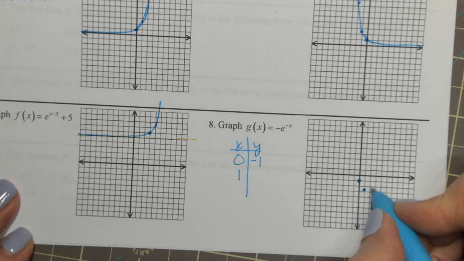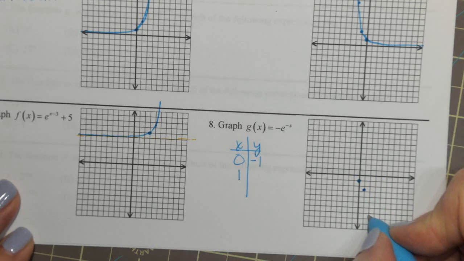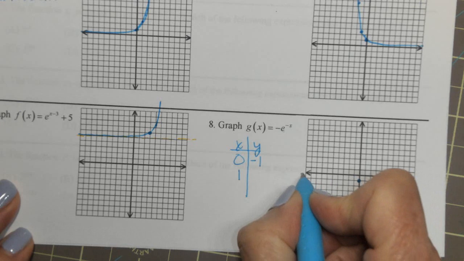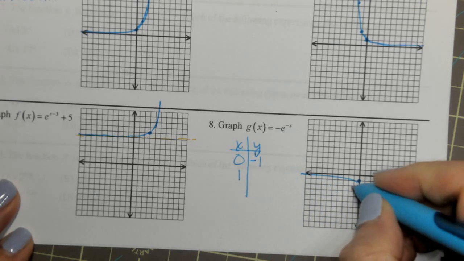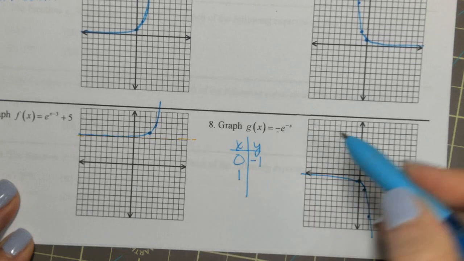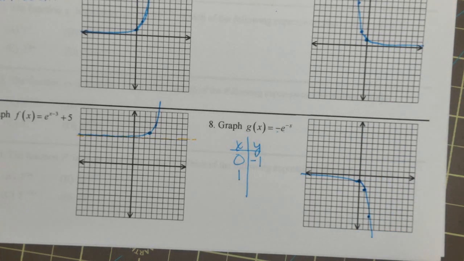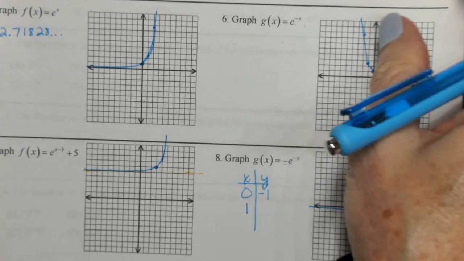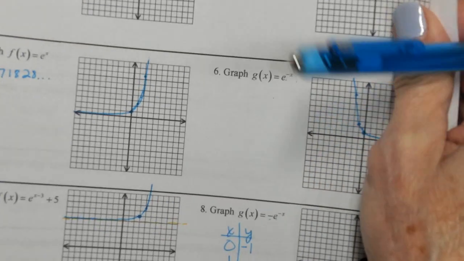When x is 2, I'll be down at negative e squared. This graph is going to do this. The negative flips it over the x-axis. Okay. Never hurts to plot a few points, as long as you can do it fairly quickly.